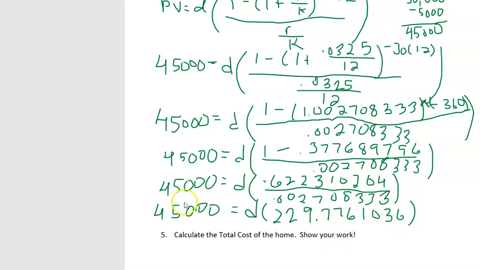Now last step, we have an equation. To get d by itself, we have to divide out the thing that's being multiplied by d. So we're going to divide out 229.776 on both sides.